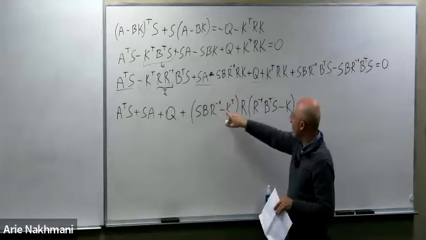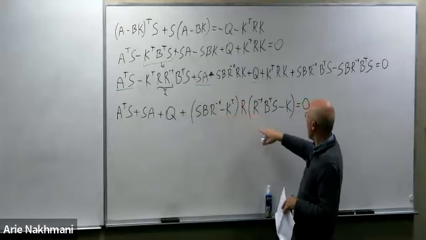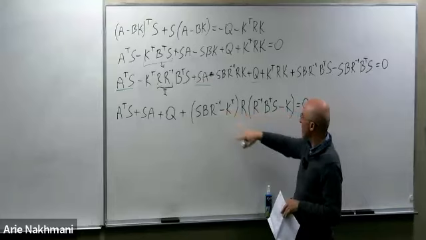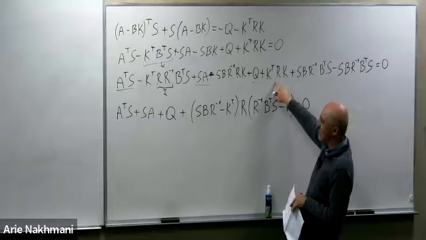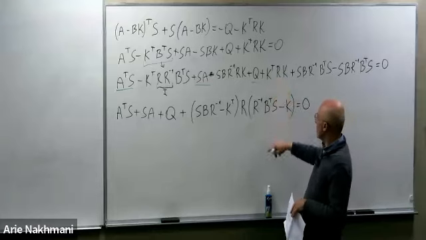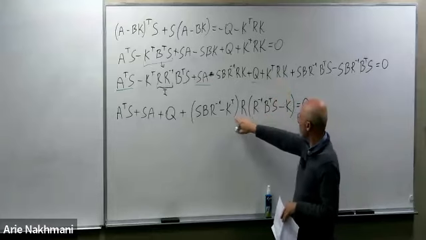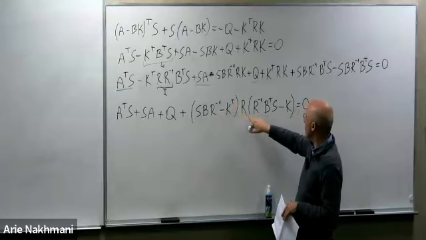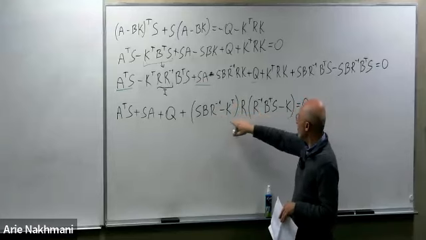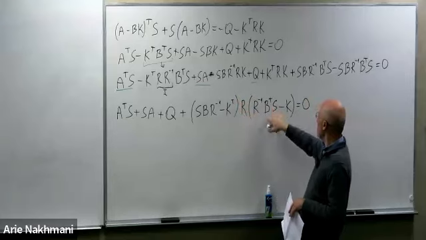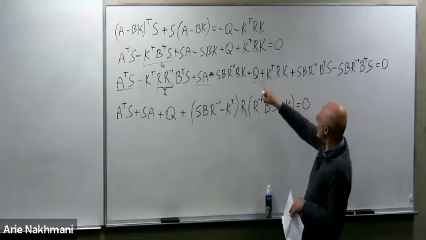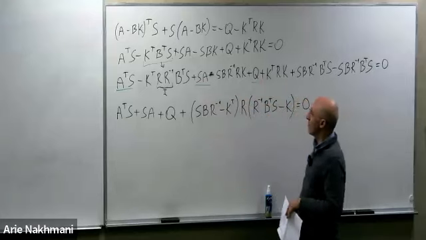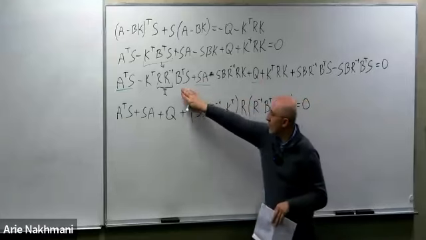And then you'll have minus K transpose R K, minus and minus cancel, so you get plus K transpose R K, which is this one, right? And then you get this one, and this one will be minus K transpose R, cancel out, so it's minus K transpose B transpose S, which is also one of these. Okay, this one.